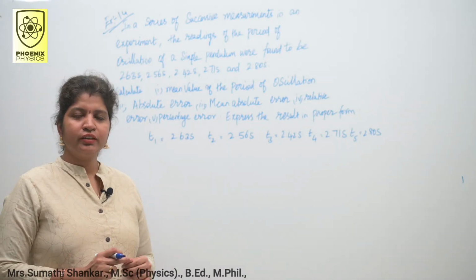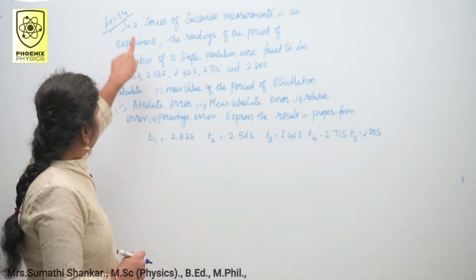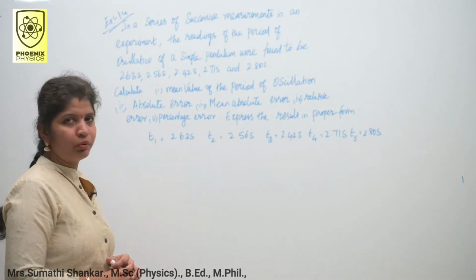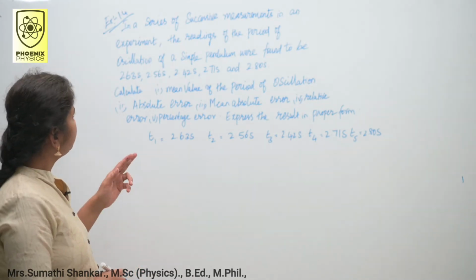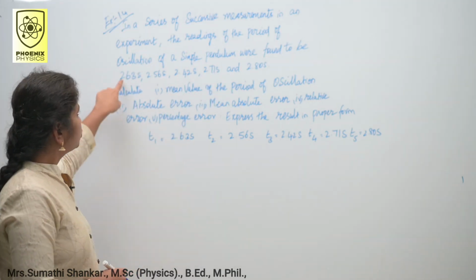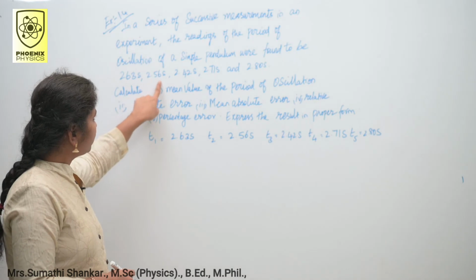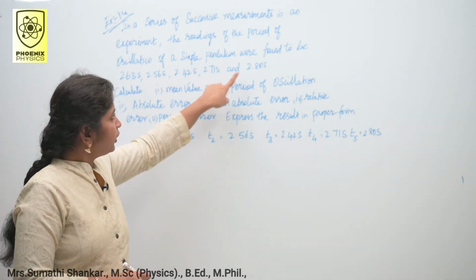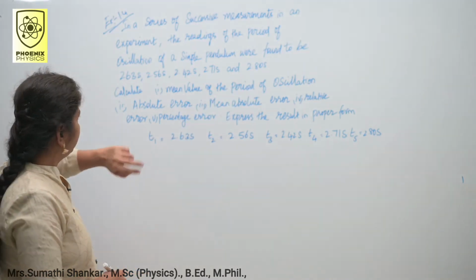In your book one example sum is given. In a series of successive measurements in an experiment, the readings of the period of oscillation of a simple pendulum were found to be 2.63 second, 2.56 second, 2.42 second, 2.71 second and 2.80 second.